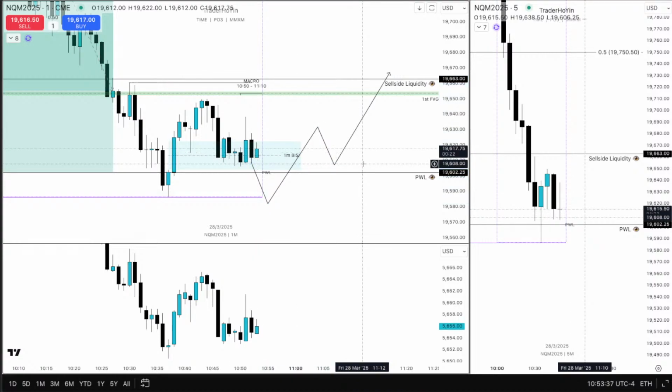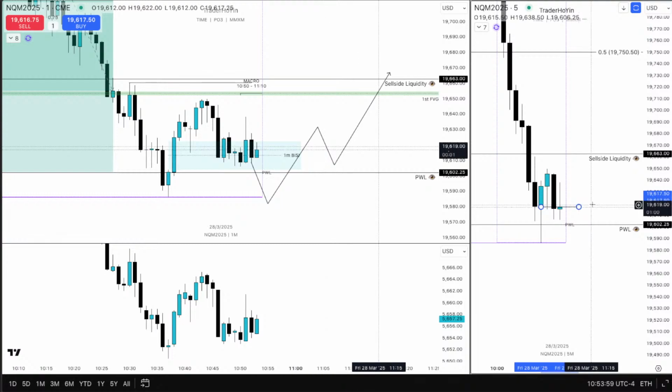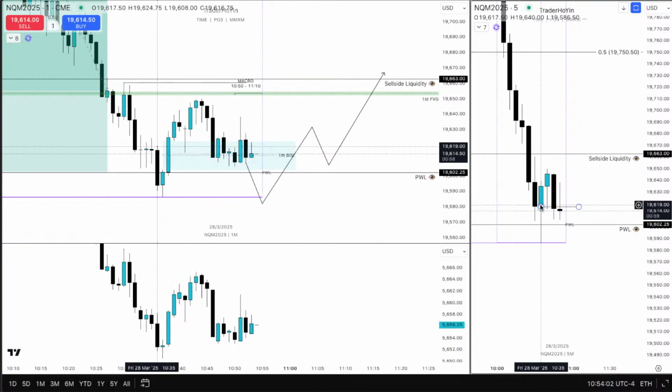This 1 minute candle has a devil's mark, and the 5 minute looks bearish still. It closes below this up candle.